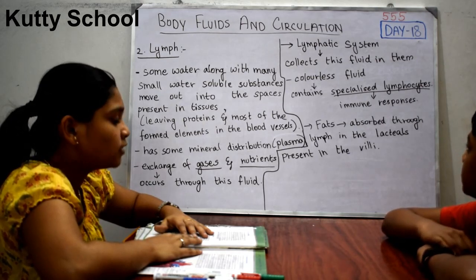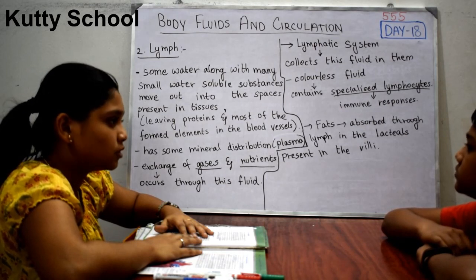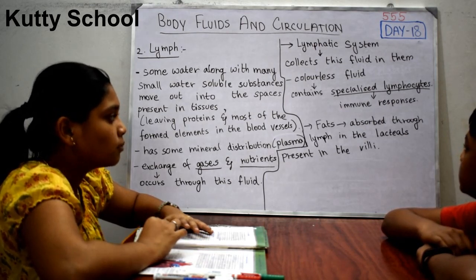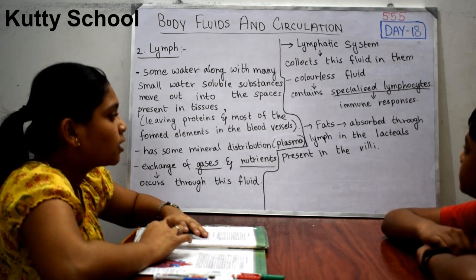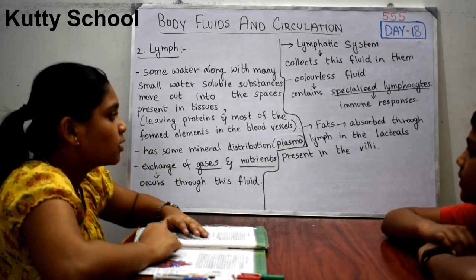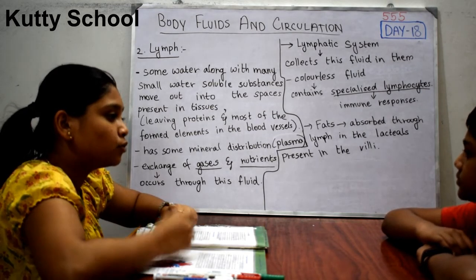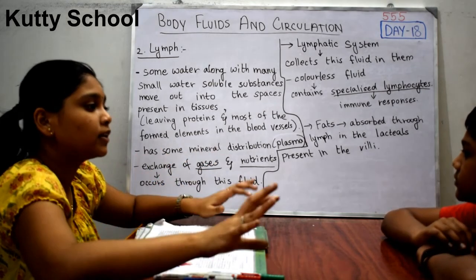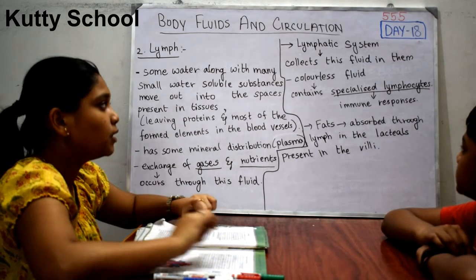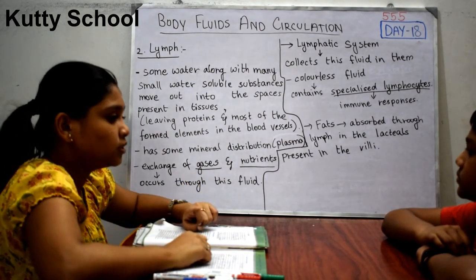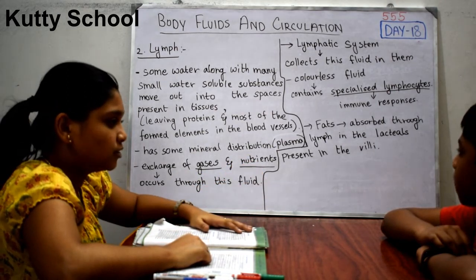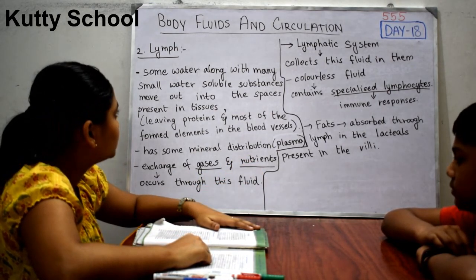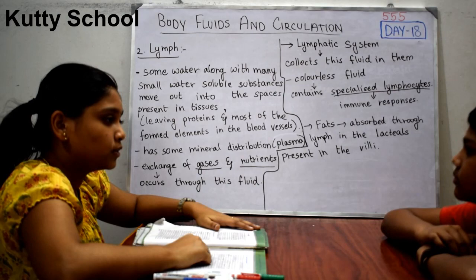So fats, which are digested and broken into simpler substances by bile, are absorbed through lymph, in the lacteals present in the villi. So inside the villi there will be lymphatic system. So lymphatic system will be in various regions in our body. Okay. So these absorb fats. Okay. So next we will see about circulatory pathways.